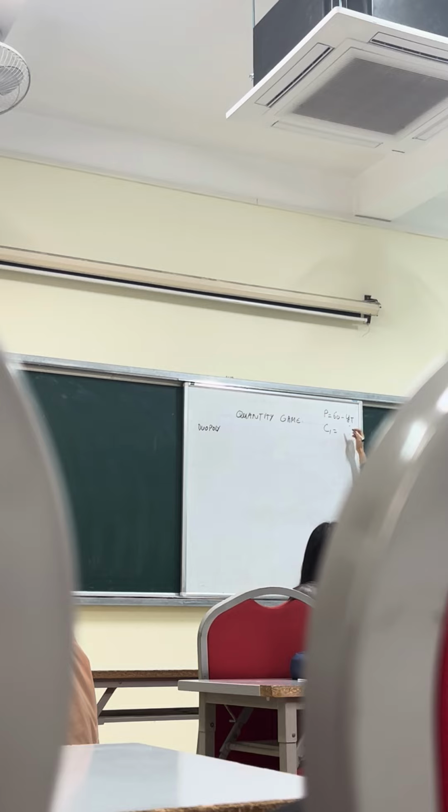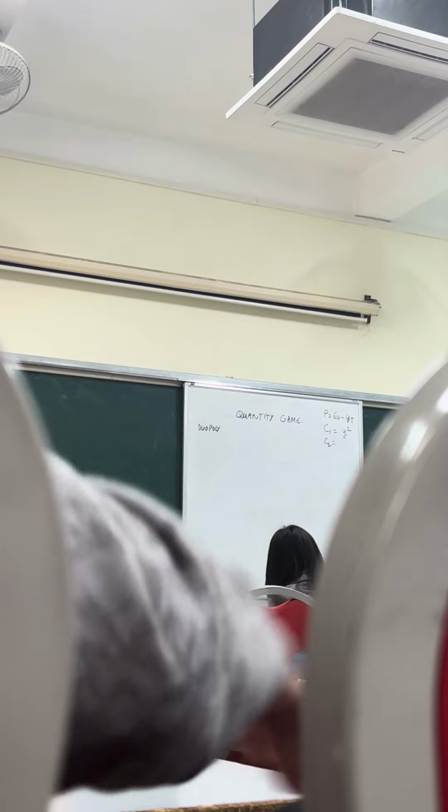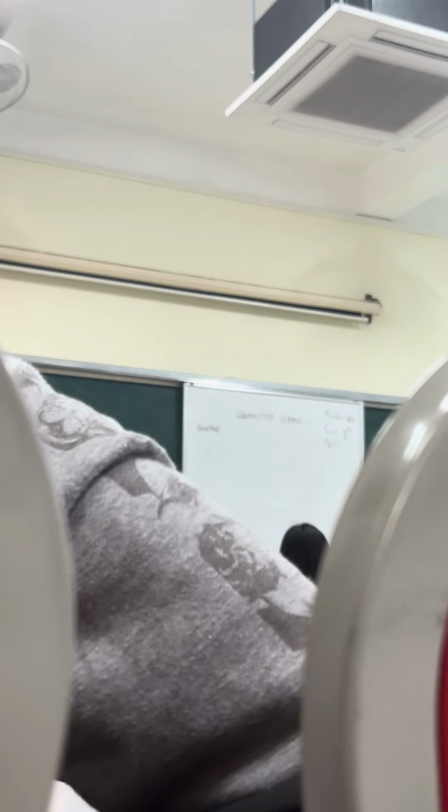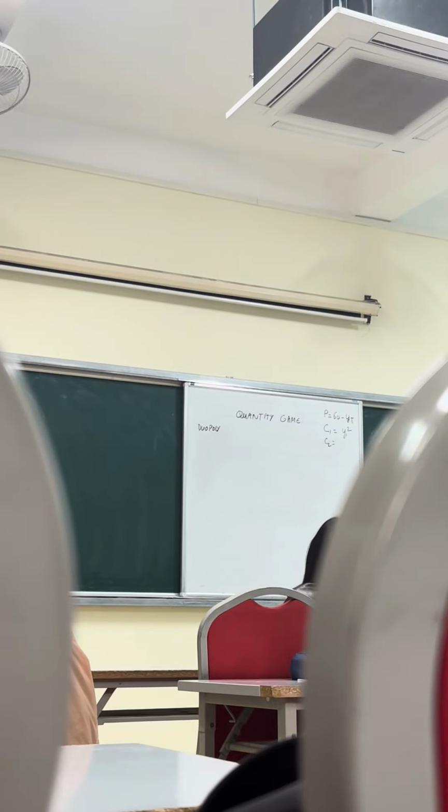C1 is Y1 squared. And C2 is 15Y2 plus Y2 squared. That is going to be consistent with the graph in my slide that I'm going to show maybe next time.